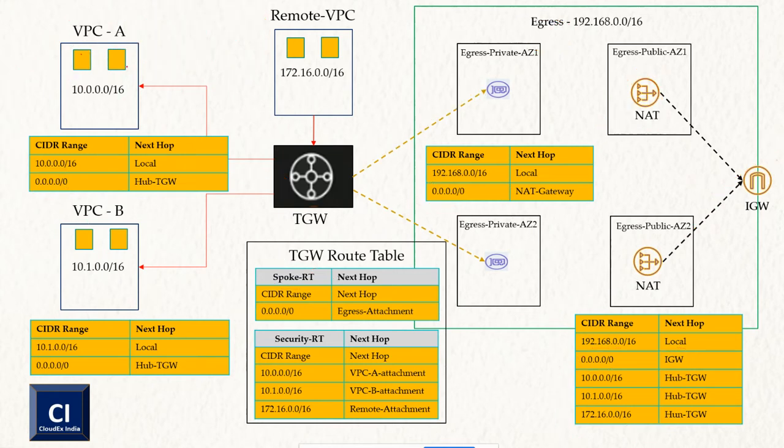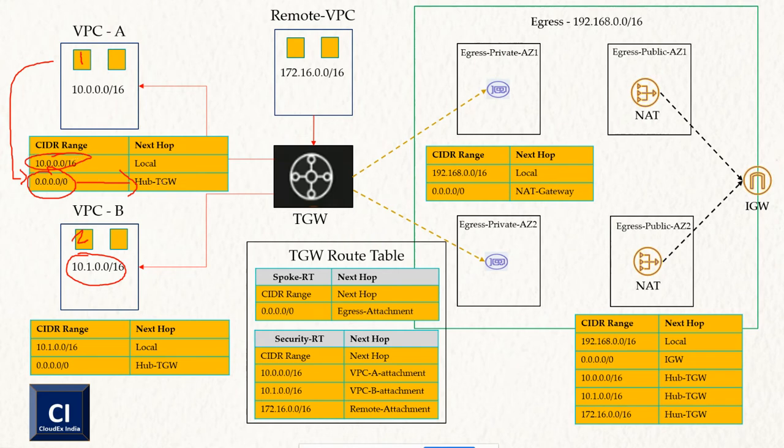Let's talk about another use case. This virtual machine wants to communicate to the VM which is sitting under VPC-B. How will they communicate? It will follow the same route table, come to its own route table, and send the traffic to the hub transit gateway, because the destination is 10.1.0.0/16, which is not matching the local route.